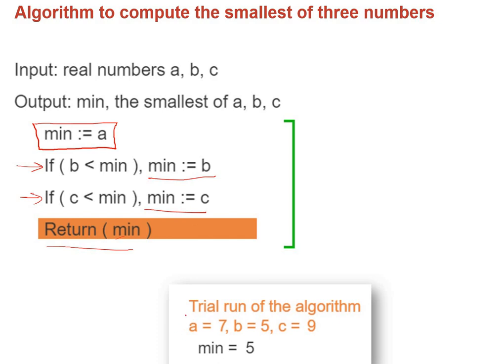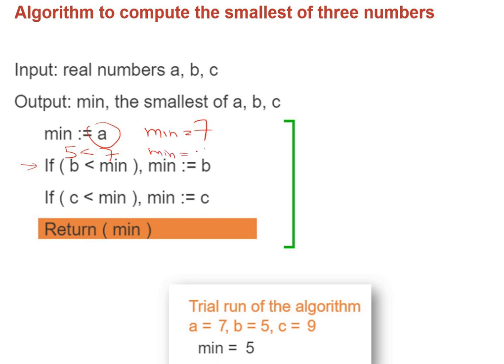And so the output of the program returns 5. So if you choose 7, 5, 9 for the numbers, then the minimum is 5. You first set it equal to 7, so min would be equal to 7, and then when you approach this if statement, it would check if 5 is less than 7, so that is true, so min would be equal to 5, right?